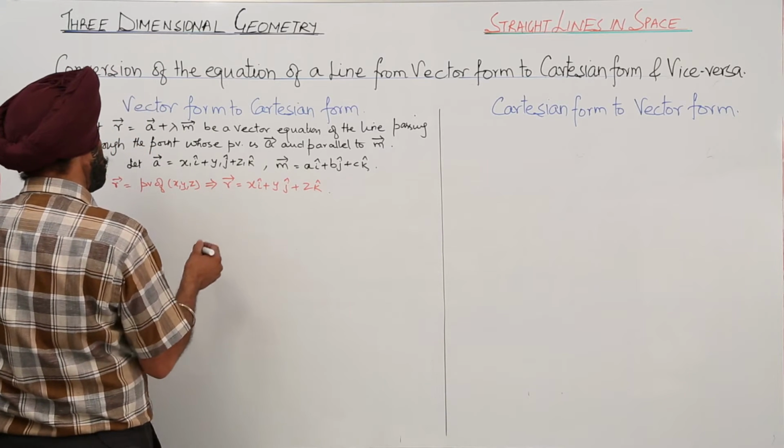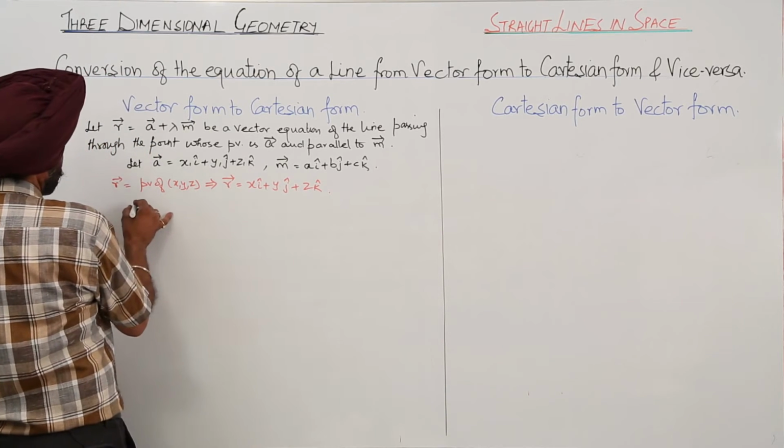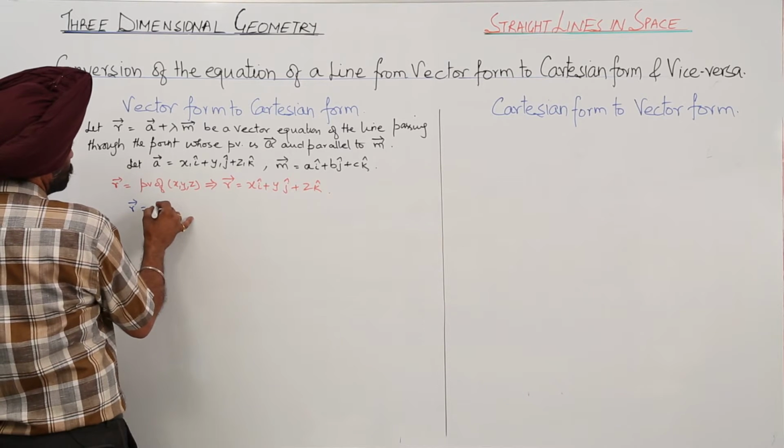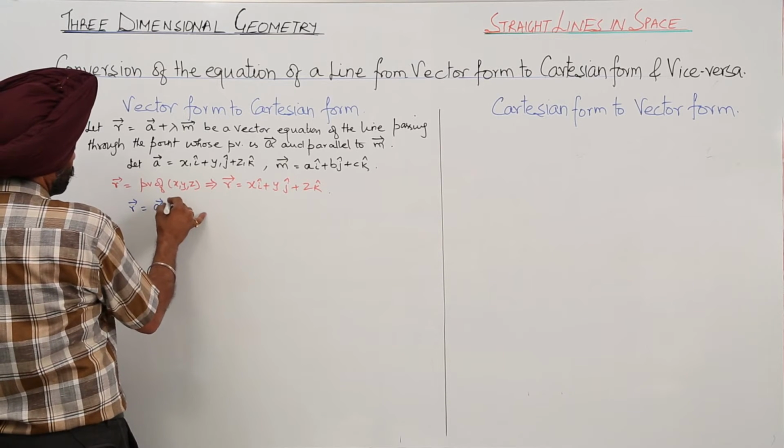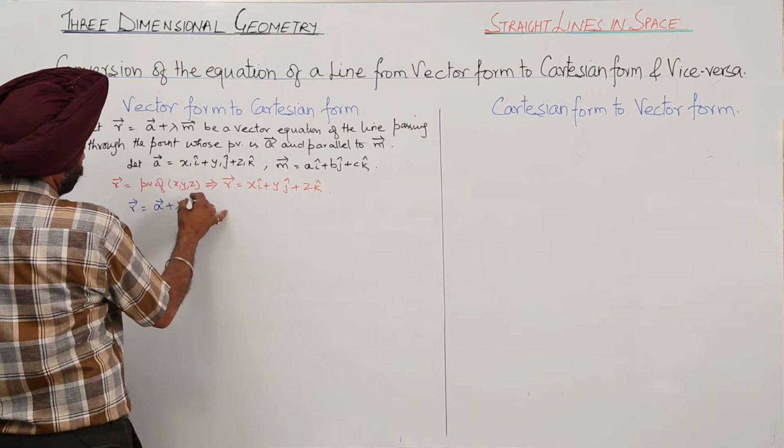Now we can write the equation in components. Vector r is equal to vector a plus lambda vector m.